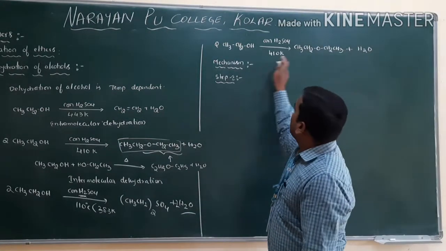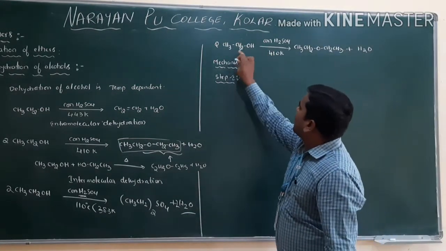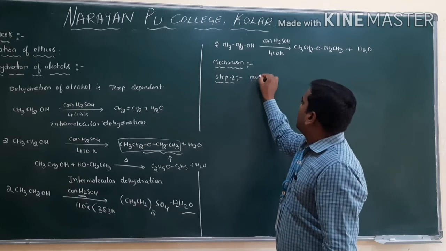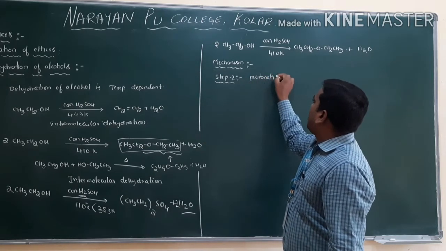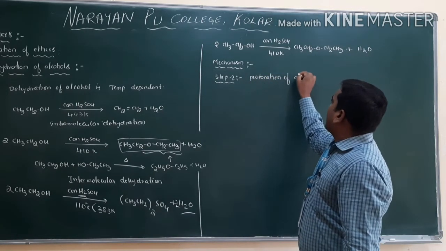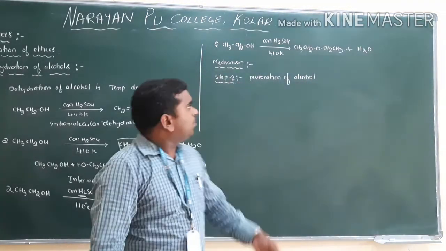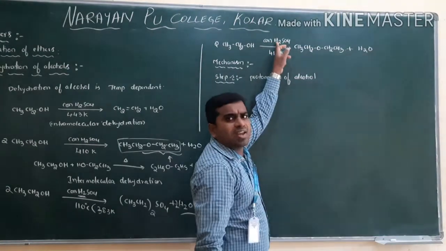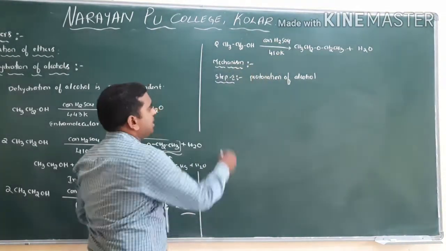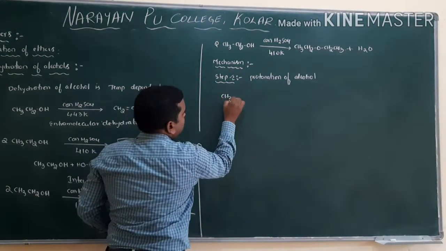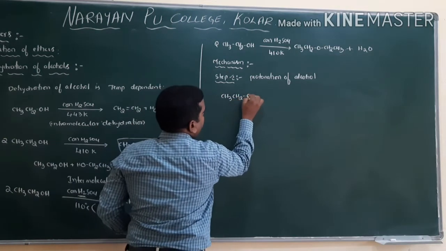Step 1, first one, what happened here? Protonation of alcohol. Protonation of which one here? Alcohol. Clear? Why? Because we have taken an acidic medium. Acidic medium means first of all, protonation of alcohol takes place.